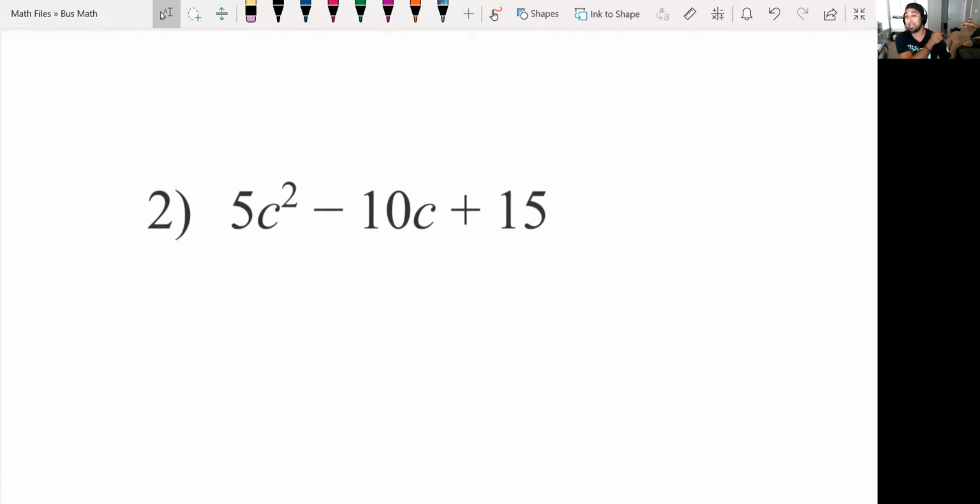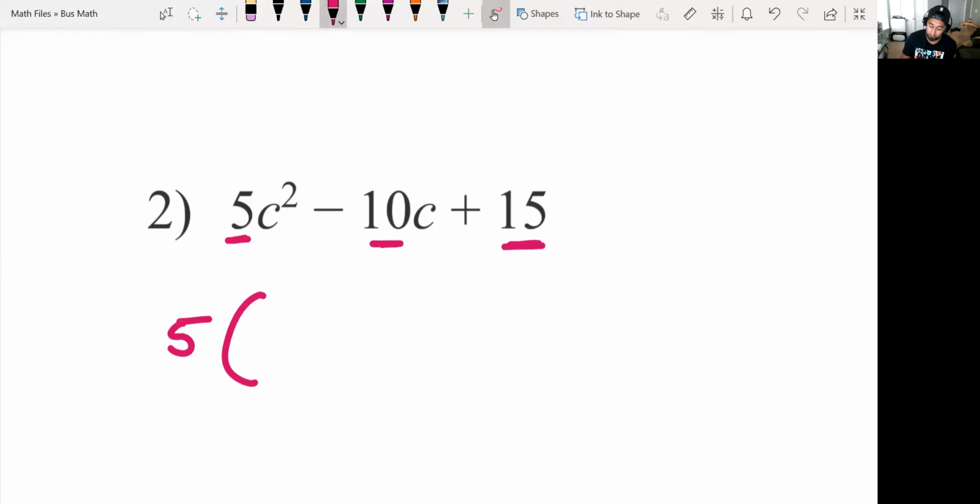5c squared minus 10c plus 15. Once again, always look at the numbers: 5, 10, 15. What is the greatest common factor of 5, 10, 15? That number is 5. If I factor a 5 out from this whole polynomial, I put the 5 on the outside.